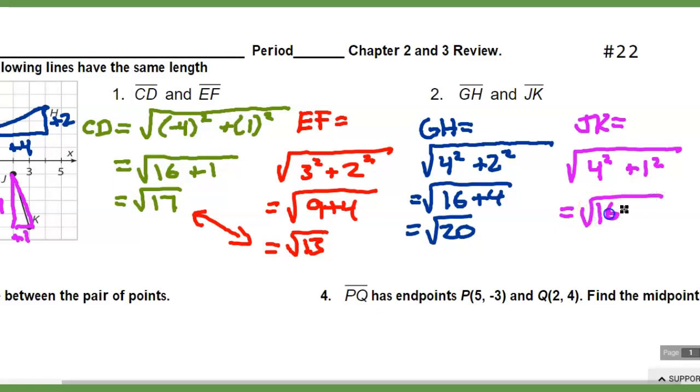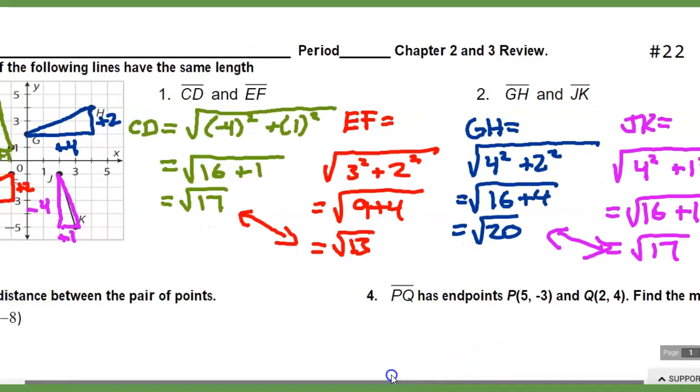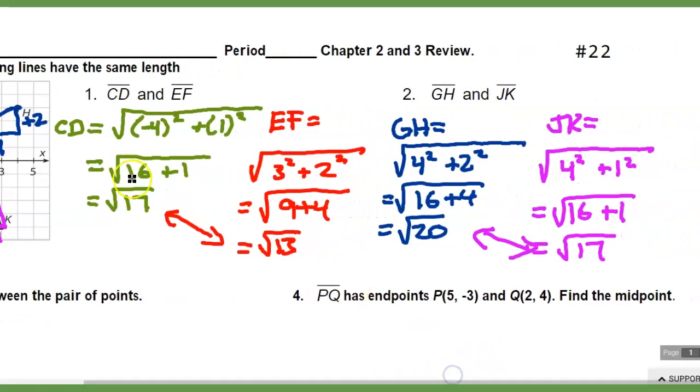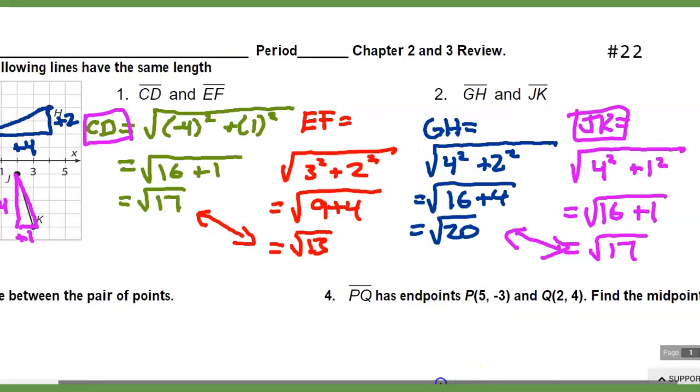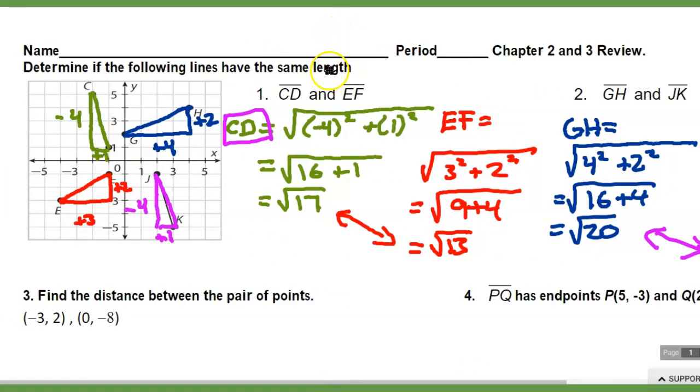We'll have 16 plus 1, which is the square root of 17. So these two are clearly not the same, therefore neither have the same length. However, if we did have to find one pair, it looks like CD is root 17, and so is JK. So at least those two are equal to one another. All right, so anytime you see length, think Pythagorean theorem and distance formula.